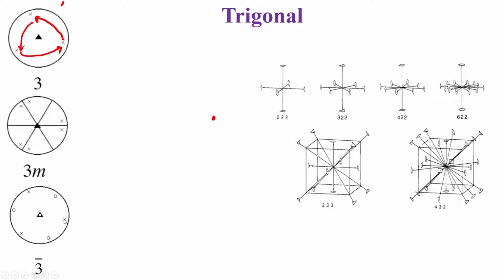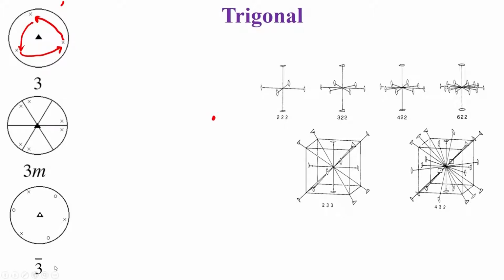The three-fold symmetry will generate these 3 x's, and then the corresponding inversions occur, and so we generate these 3 open circles. So, if this is x y z, will you get an x bar, y bar, z bar in a 3 bar symmetry? This could be taken as an assignment. In fact, probably it will appear in the assignment sheet.